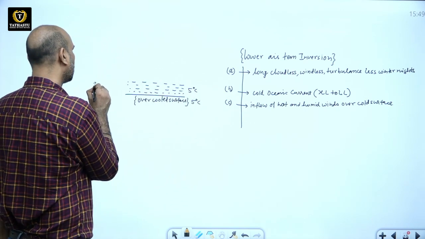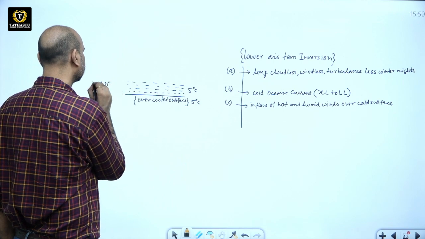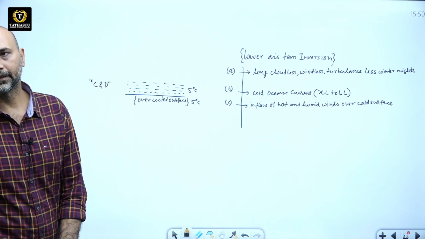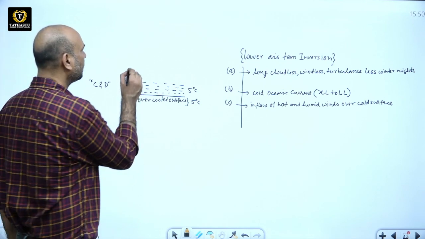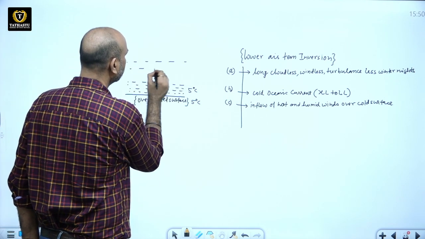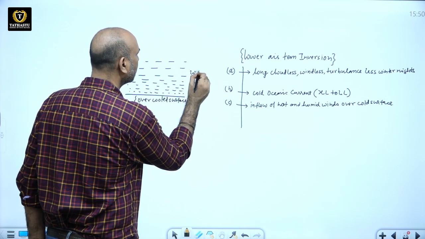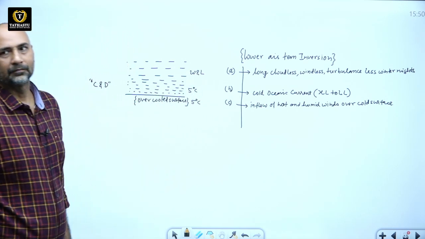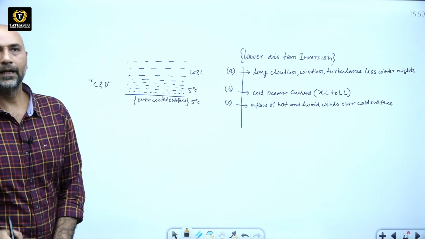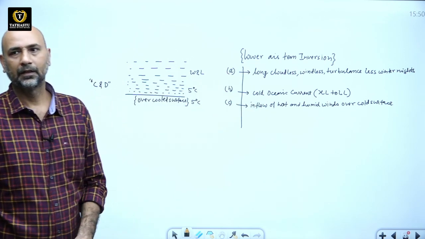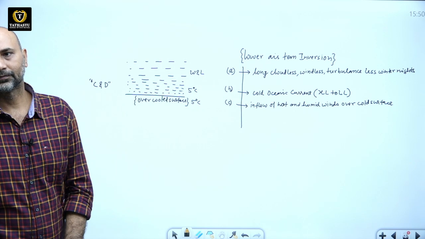It becomes cold and denser. Its temperature is now close to 5 degrees centigrade. But the air above, since air is a poor conductor of heat, remains warm and lighter.